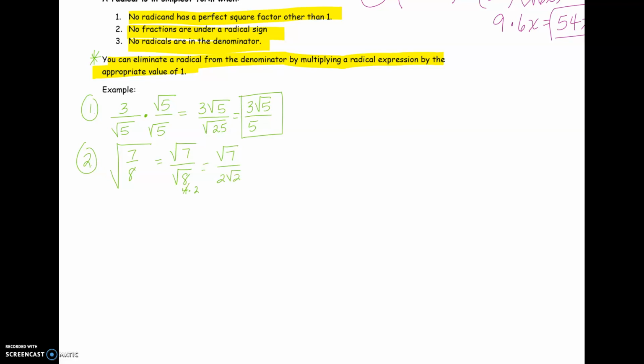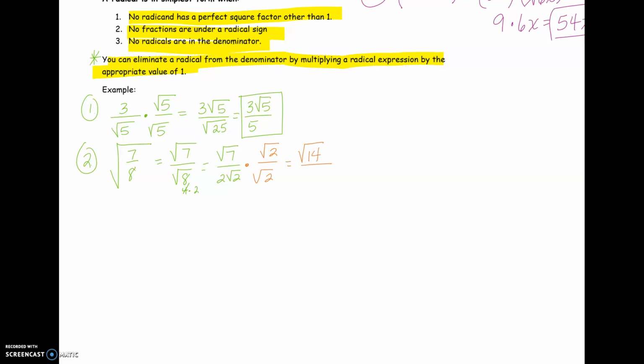Now, the third thing says there's no radical in the denominator. To get rid of the radical in the denominator, I just multiply by whatever that radical is in the denominator. Just like I did in number 1, I multiplied by the square root of 5 to get rid of it because it's going to make it a perfect square. All right, so now in the numerator, I have the square root of 7 times the square root of 2. That's the square root of 14.